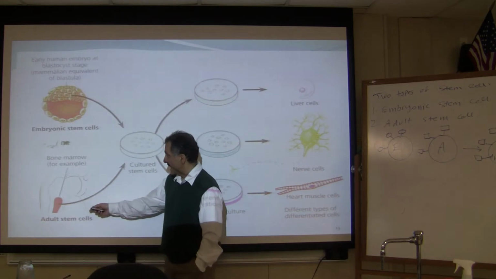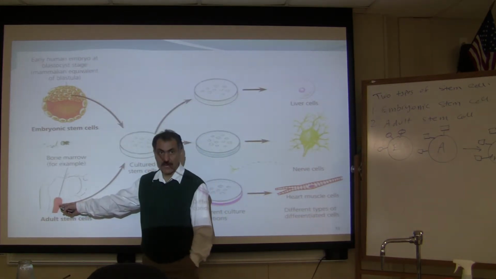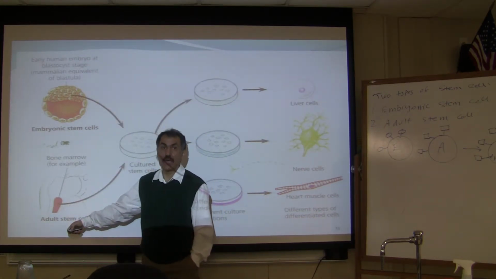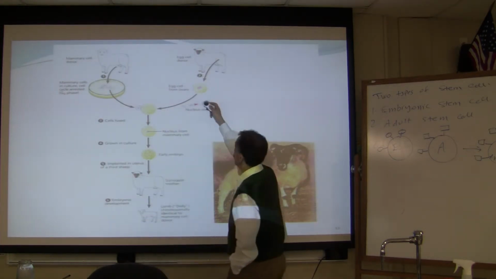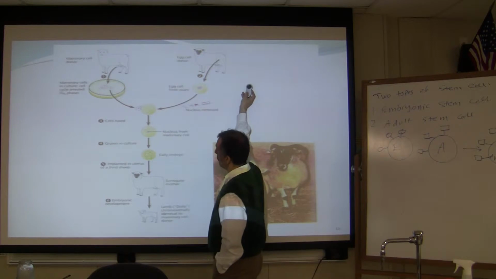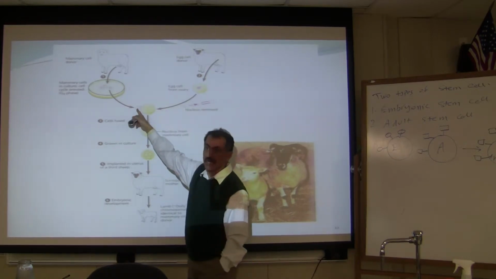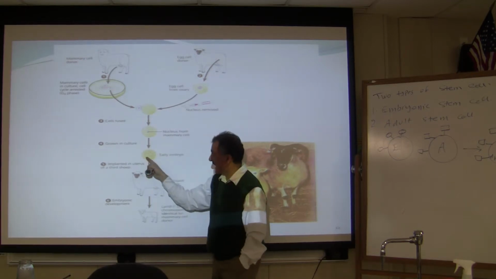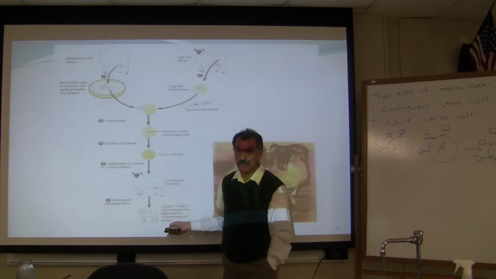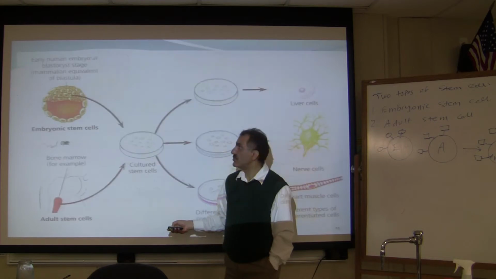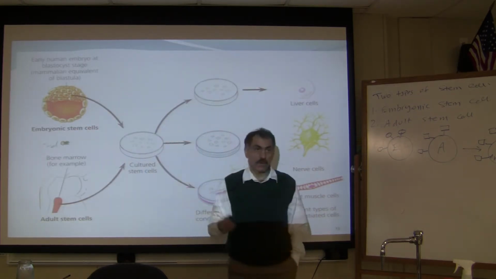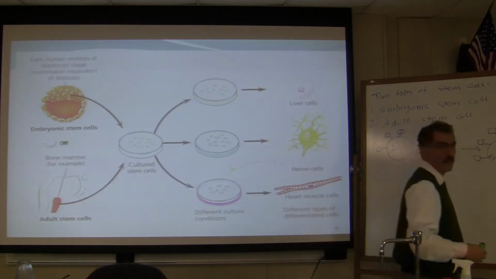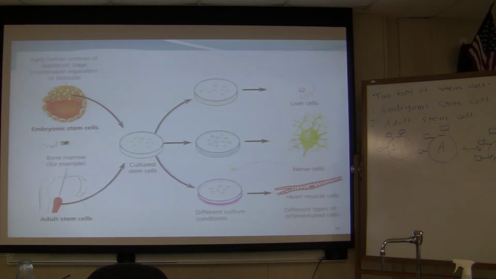You can take a cell from here, and then you take the egg of a woman, you absolutely need the egg of a woman, and then take the nucleus out of the egg of that woman and put my own nucleus in there, and then I have a mass of cells, the blastula. I can grow them to whatever I want, but that's costly. You have to have a lot of bucks, I guess.